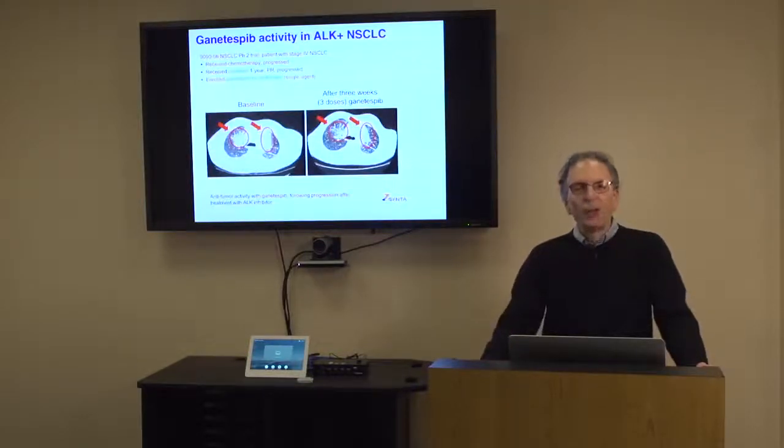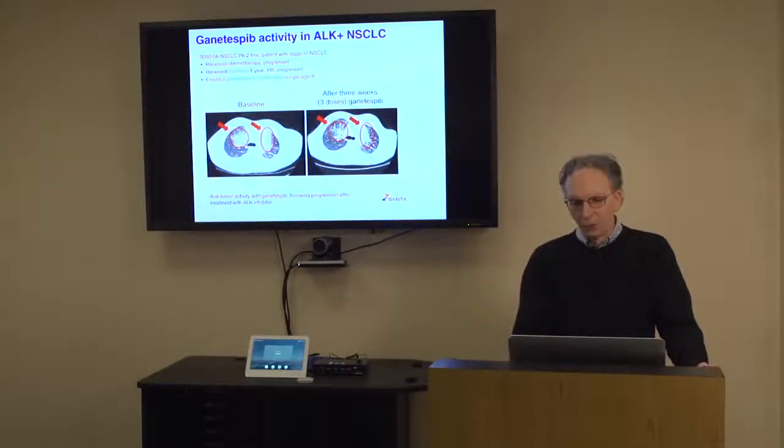This is an example of a patient's tumor shown at baseline on the left-hand side in the red circles and arrows, and after 3 weeks of ganetespib treatment, and ganetespib is the HSP90 inhibitor used in this case. And it should be noted that this patient previously progressed on chemotherapy, received the ALK inhibitor crizotinib for 1 year, and then progressed on that, and then and only then enrolled in this ganetespib monotherapy trial and showed clear responses.